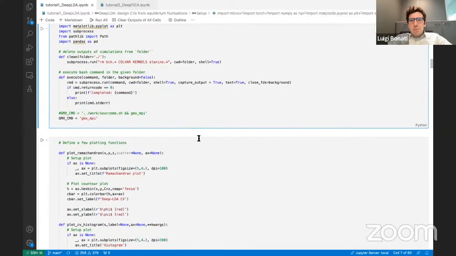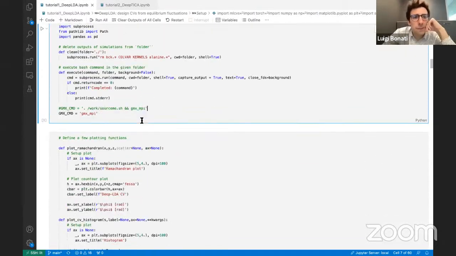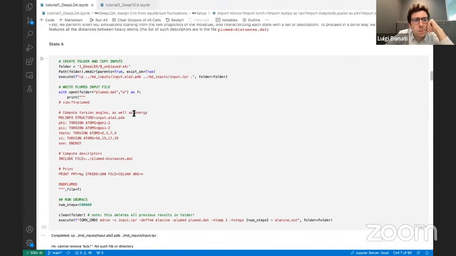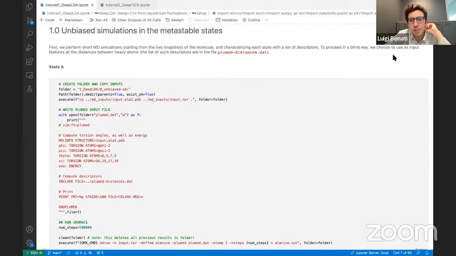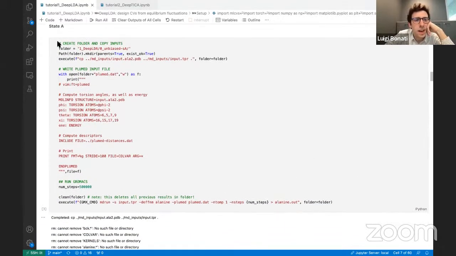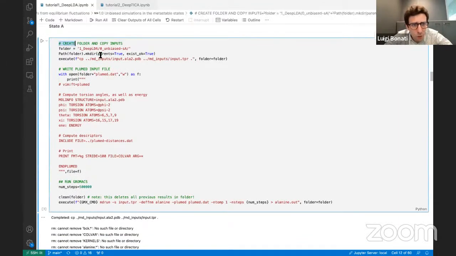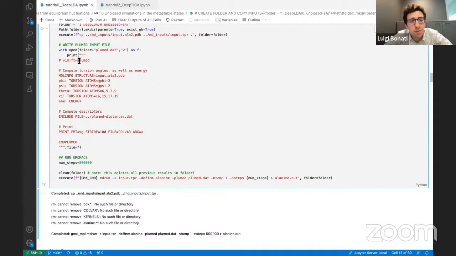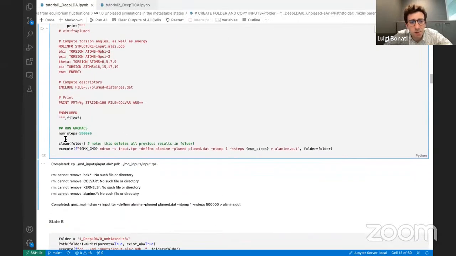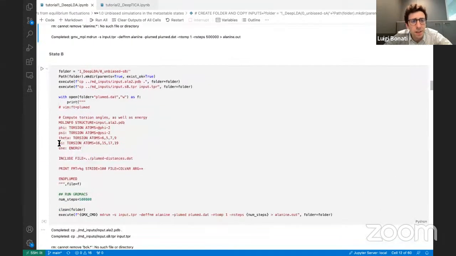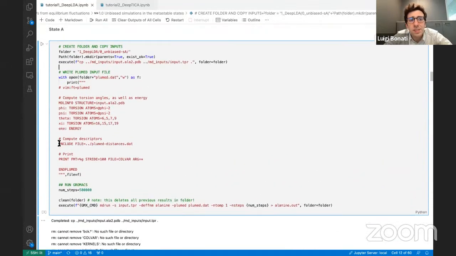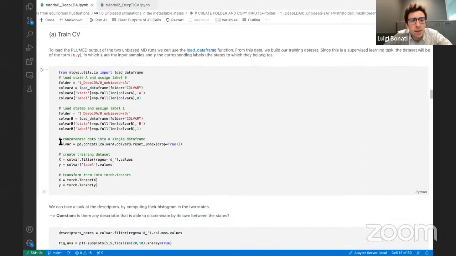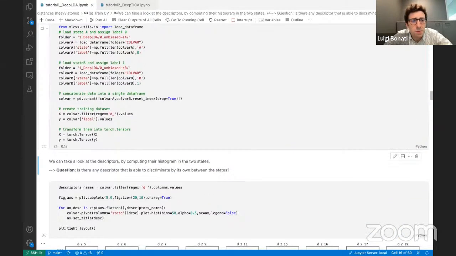Okay, so here we have the setup. The first step was to create unbiased simulations in the metastable states. So here we had all the setup of the plumed input file, then also we can run GROMACS from here, and we do this for state A, state B, and then we can load the data.